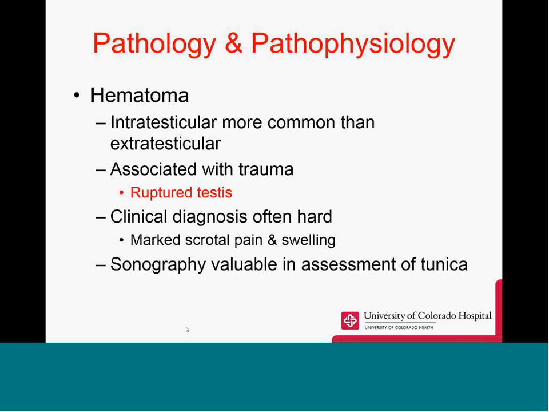Ultrasound is valuable in assessing the tunica. Prompt diagnosis of a ruptured testicle is crucial because of the direct relationship between early surgical intervention and testicular salvageability. About 90% of ruptured testicles can be saved if the surgery is performed within 72 hours, whereas only 45% can be saved after 72 hours.